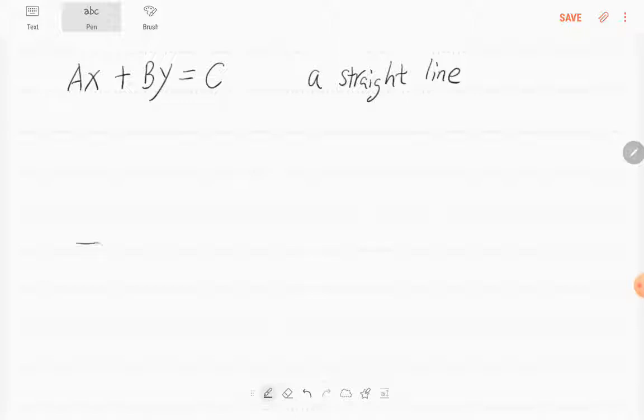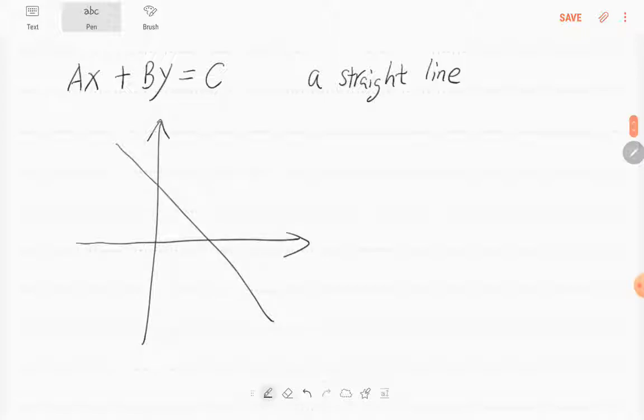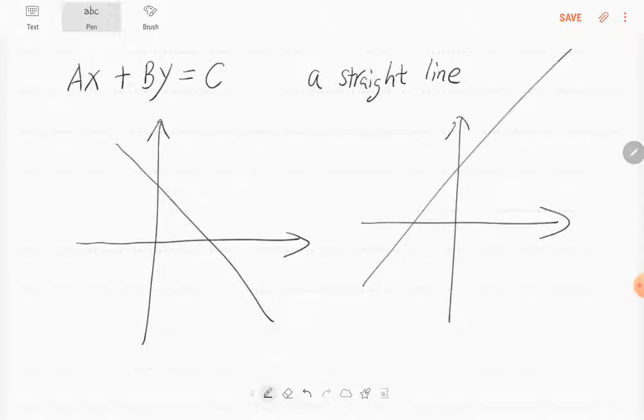So this is our x, and this is the straight line. It could be this one, it could be this one, it could be other lines. Now we want to know how to draw the line in the plane.